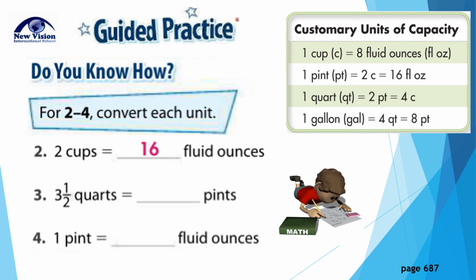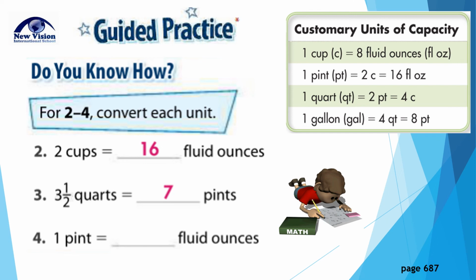Number 3. 3 and 1/2 quarts, how many pints? Since in 1 quart, there are 2 pints, so 3 and 1/2 times 2 equals, great, 7. Therefore, 7 pints in 3 and 1/2 quarts.